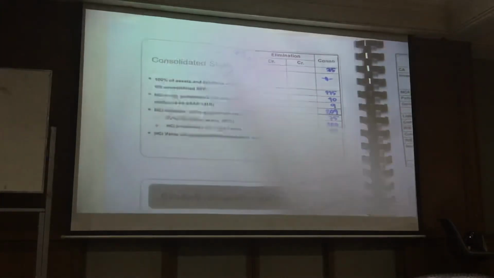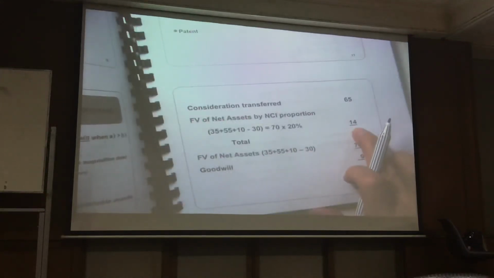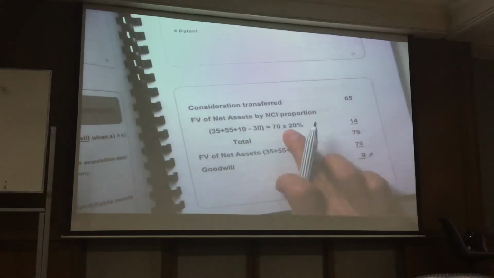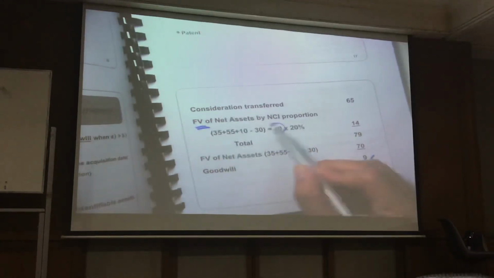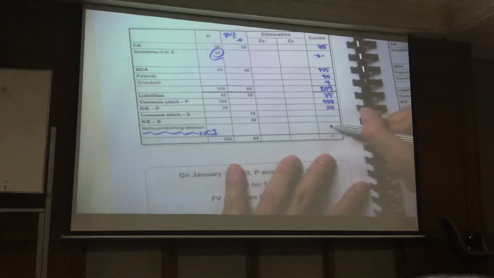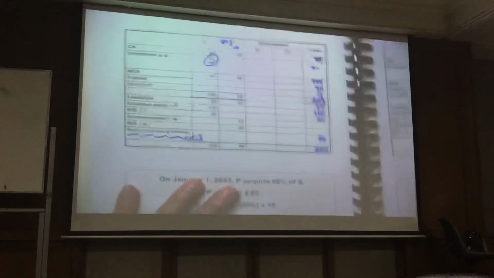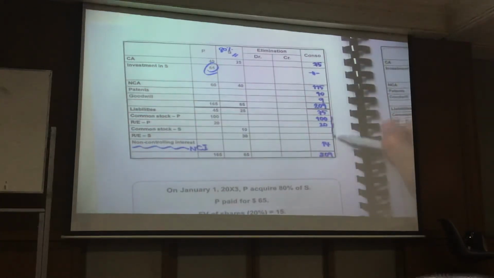We just calculated before. 14, right? They got a share on net asset, but net asset at fair value. We just calculated from here. So basically you just plug it in. 14. Finally you got 209. Asset equal to liability plus equity.